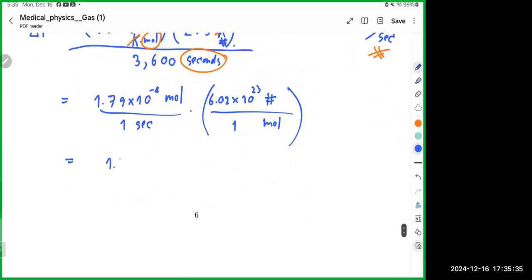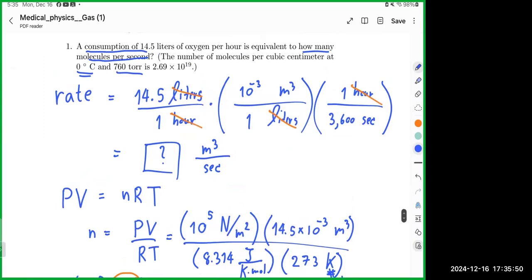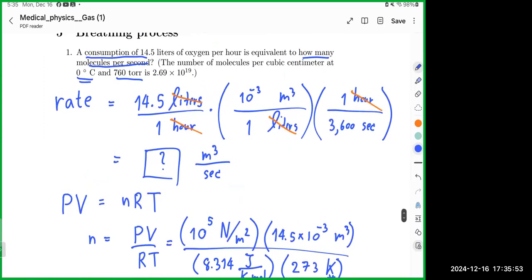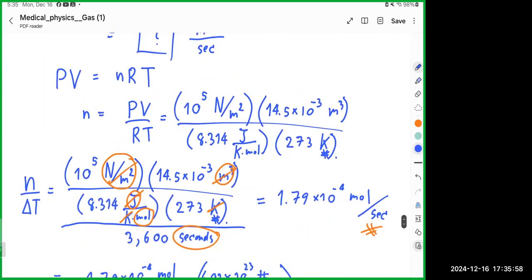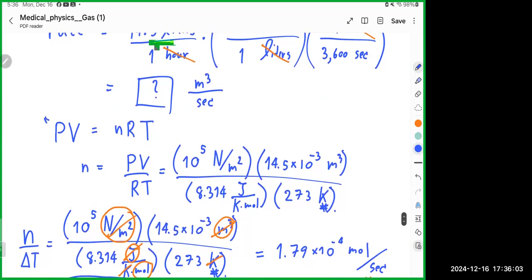And your final answer is 1.08 times 10 to the 20 numbers per second. And that's it. This is how to convert from a rate in the unit of volume per second into molecules per second. And to convert it, you have to use the ideal gas law. Okay? You change from V into n. That's it.